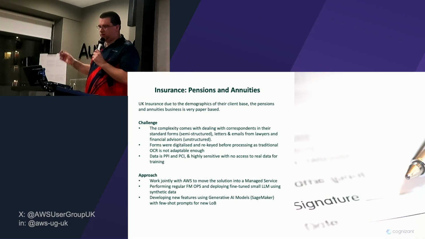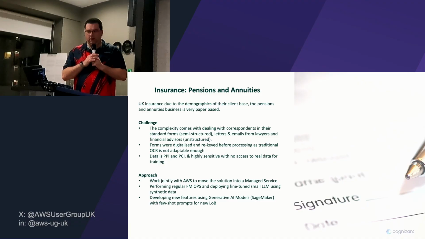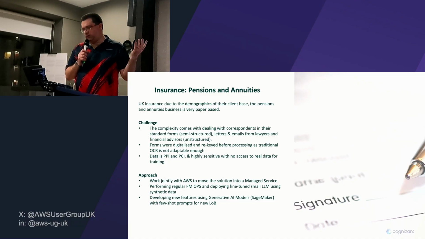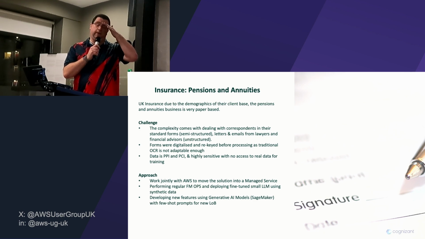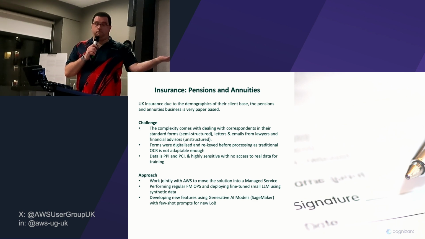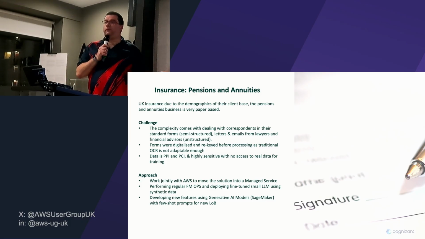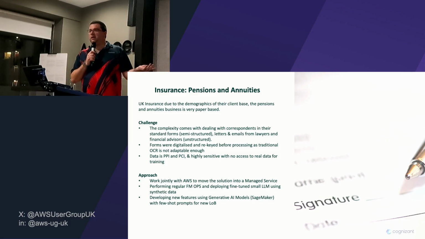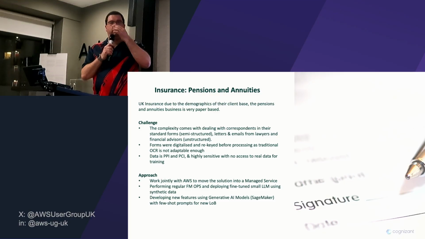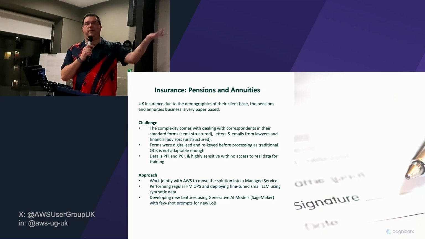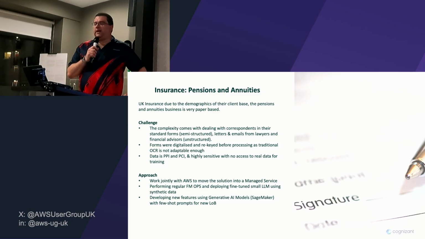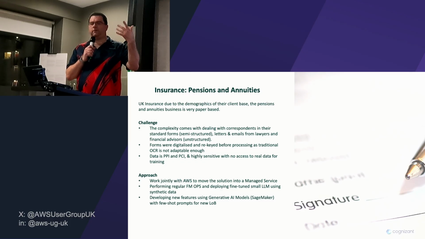The second one is pensions and annuities. Again, in insurance, there are a couple of insurers we've helped with this kind of solution. They have lots of different kinds of forms arriving inside their companies that they have to process. Think about pensions: you may have forms coming from a number of sources.